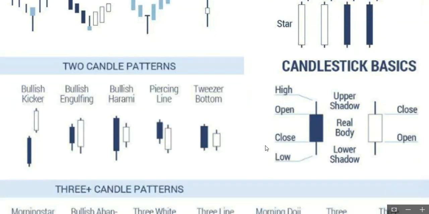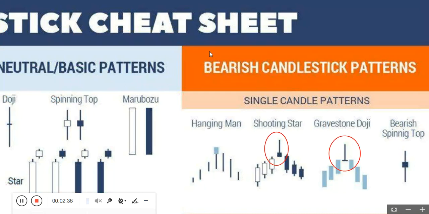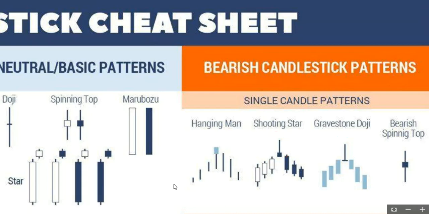For a bearish candle we have to look for a shooting star and a gravestone doji. That's all, very simple. If you are able to identify these things in a chart, you will be able to scalp it very easily. Okay friends, clear?